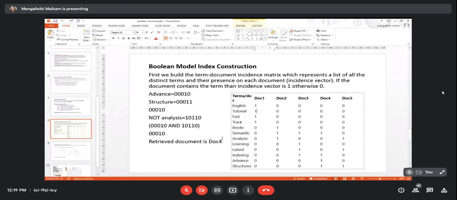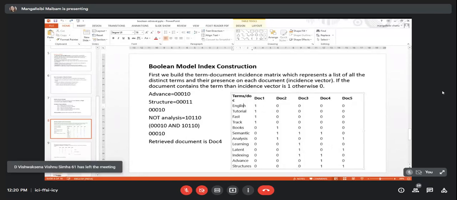Suppose the Boolean representation for English will be 1, 0, 0, 0, 0. For tutorial, it will be 1, 0, 0, 0, 0. For past, it will be 1, 0, 0, like this. For books, it will be 0, 1, 0, 0, 0. When you solve the query, you have to use this Boolean representation.